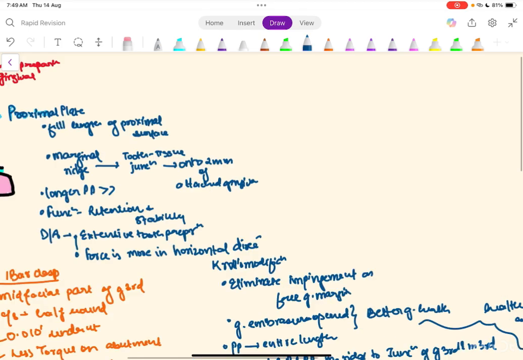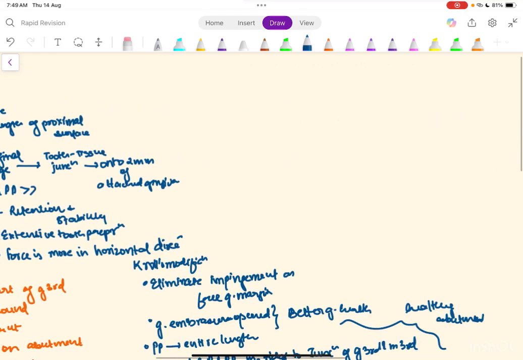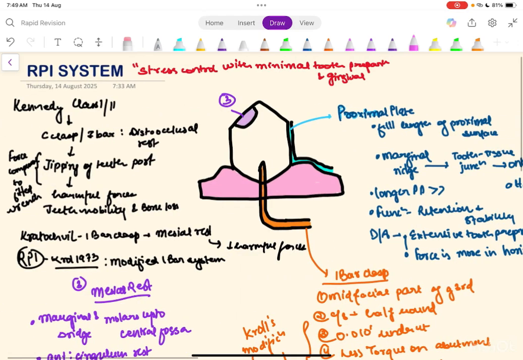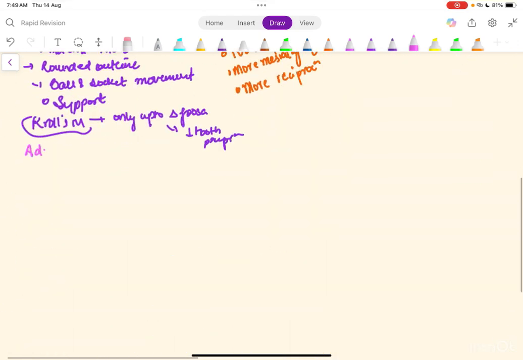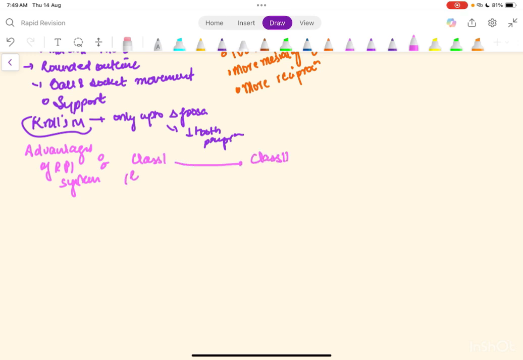Now why the RPI system is advantageous, we'll discuss here. Advantages of the RPI system: basically it functions to convert a harmful class 1 lever into a class 2 lever. It also provides firm resistance to distal displacement of the abutment.